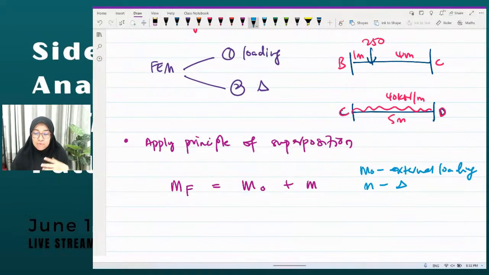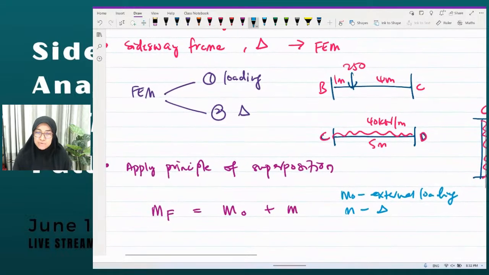So for external loading, we calculate using the formula given in the appendix. Okay, so we have two types here: BC subjected to 250, and CD subjected to W of 40 kilonewton per meter. These two types are under external loading, and we also have to consider the FEM due to delta.